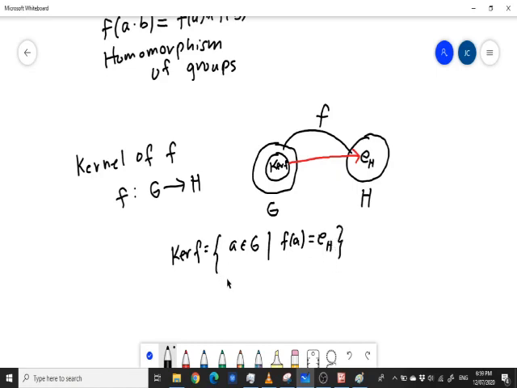That's the definition of kernel. So yung mga elements sa G na mapped to the identity in H.